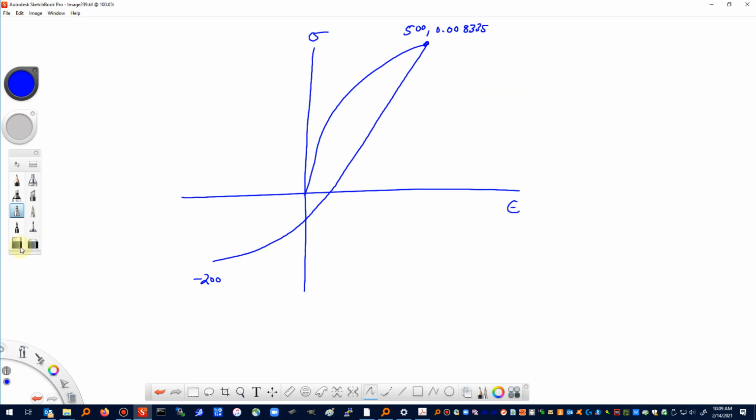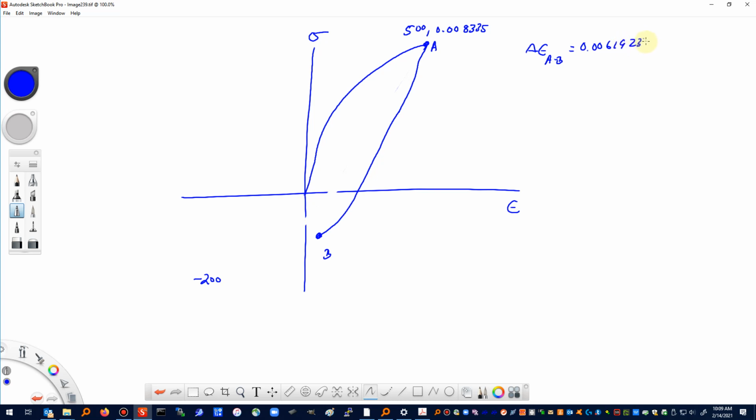and clean this up just a little bit. Probably could have had a little better slope to that anyway. Okay, so this is A, this is B. My delta epsilon from A to B was 0.0061922.